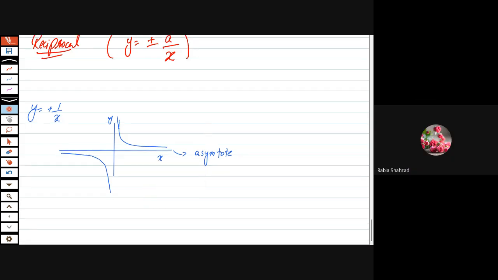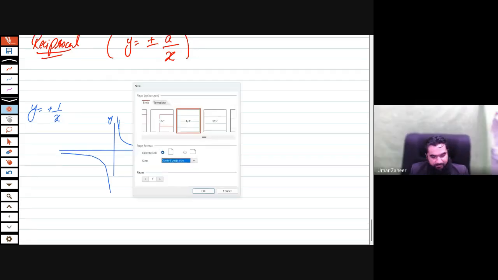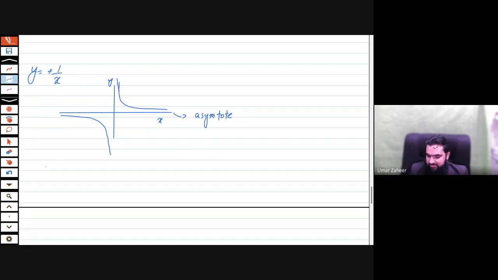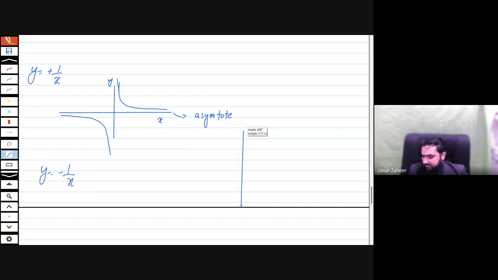And in the same way, if you have a graph y is equal to minus 1 by x, then in that case, the graph will be in the second quadrant, and in the fourth quadrant, same, it is going to be closest to the axis and never touch it.